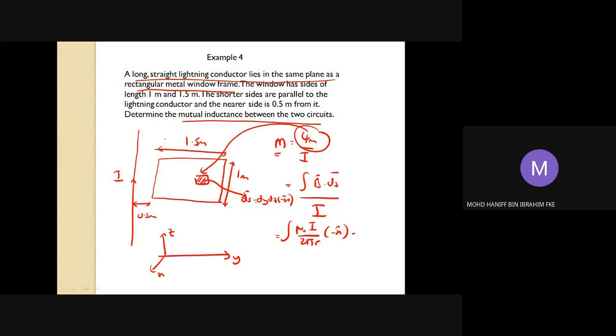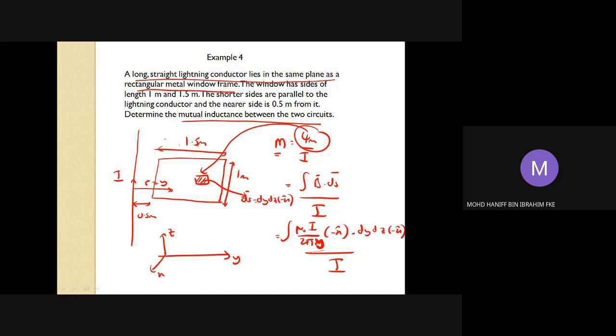So dS is dy dz in the direction of negative x, divided by I. I can make a modification to this equation and write r as y. We just change r to y because r is a distance, and it is a variable, since this range is parallel to the y-axis. So we put y instead of r.